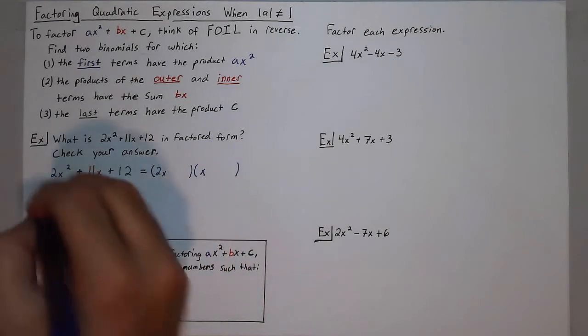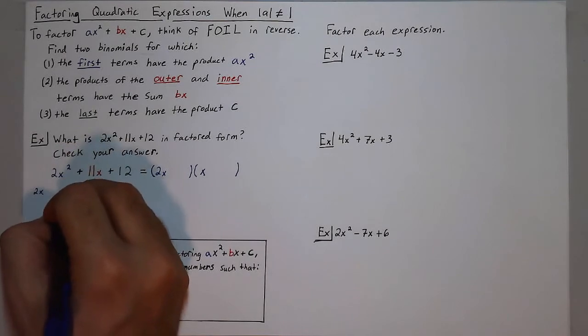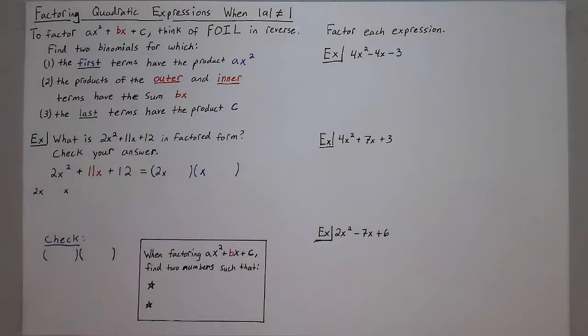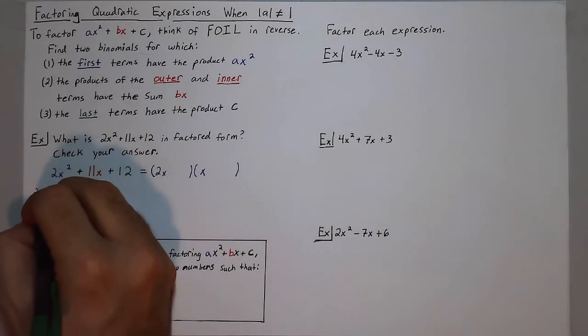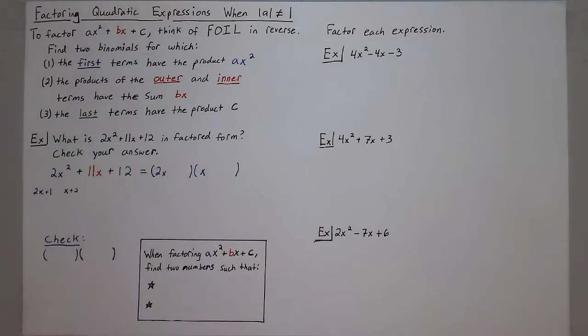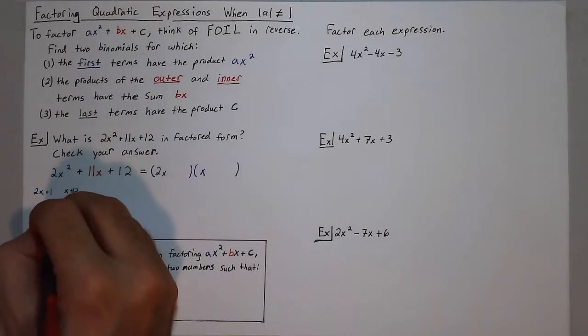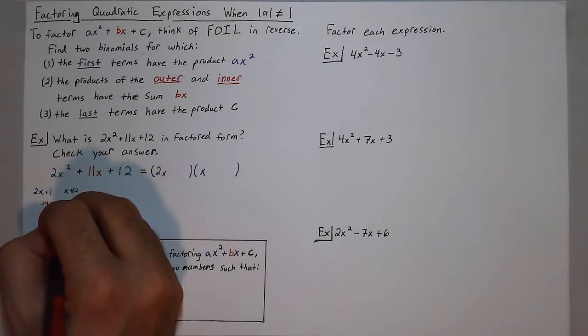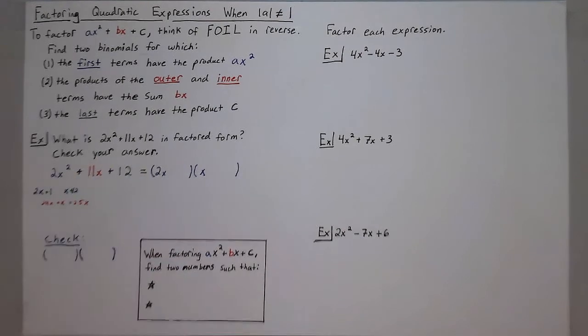So I'd start thinking, all right, if I have 2x and x, one way to make 12 is to use 1 and 12. And if I do my outer and inner, I would have 24x plus x with my inner, which gives me 25x.